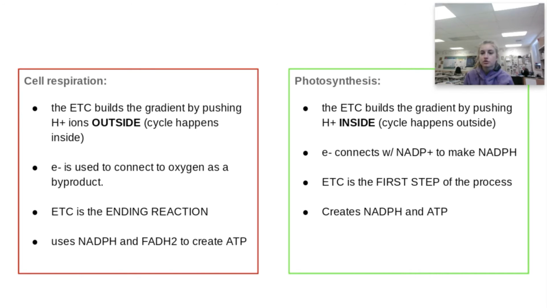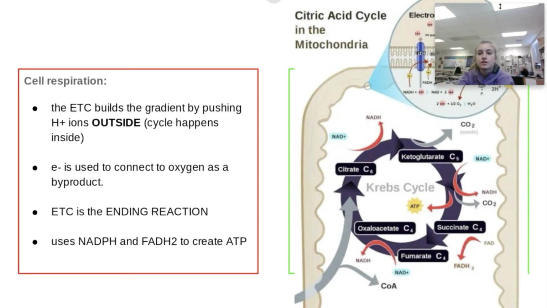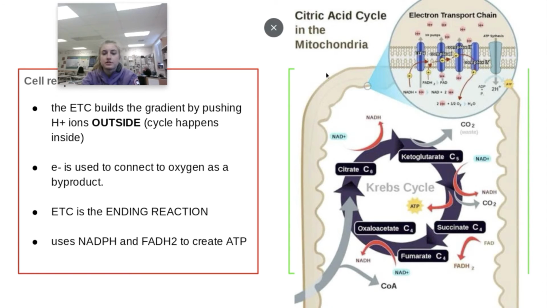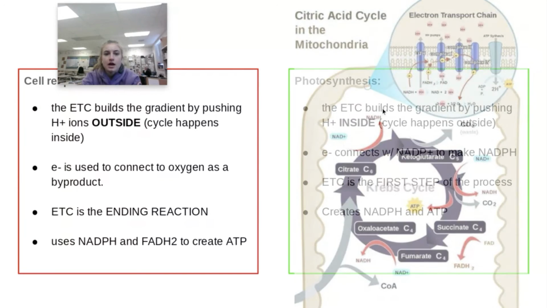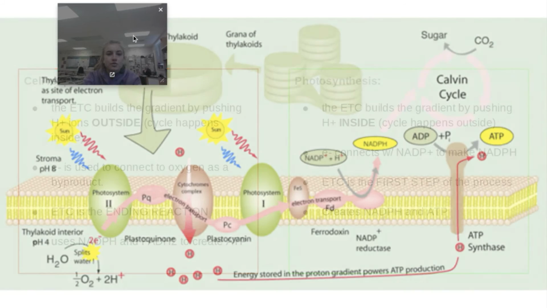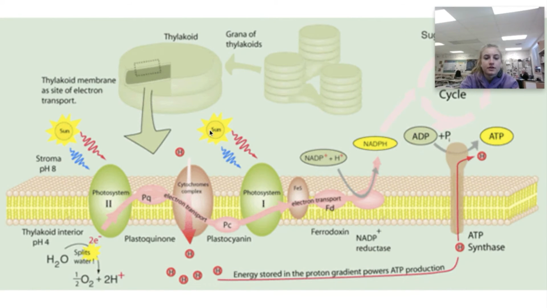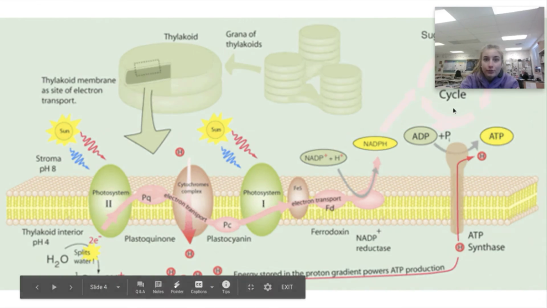So these two boxes just show you some differences between what the electron transport chain does in photosynthesis versus cell respiration. Right here, you can see how different it is in mitochondria in cell respiration. The H plus ions are broken off inside, right here in the matrix, pushed outside. And then in photosynthesis, you have the opposite. You have the hydrogen ions being pushed inside to flow back outside.